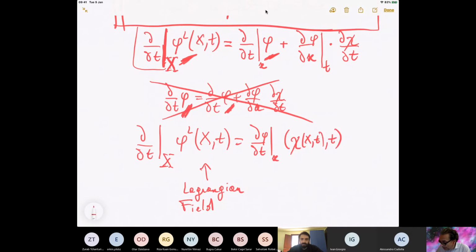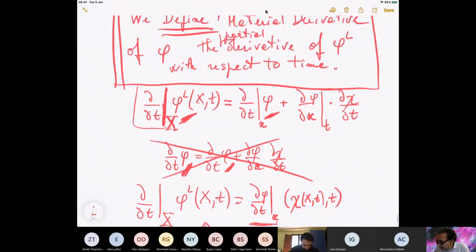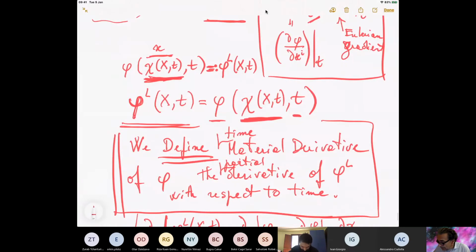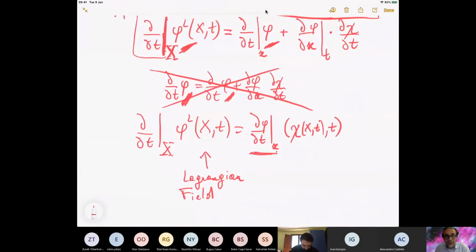So we calculate the partial derivative at x blocked, we get a function of small x and t, but as we started with the definition, the chain rule tells me that this partial derivative must be evaluated in chi of capital X, t, and t.